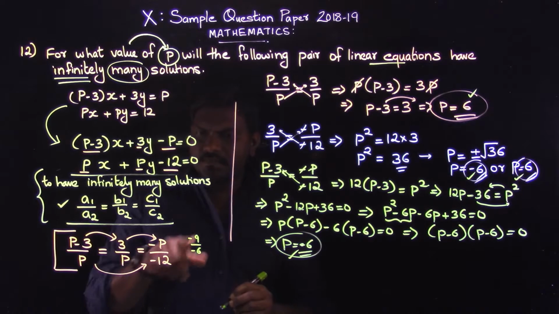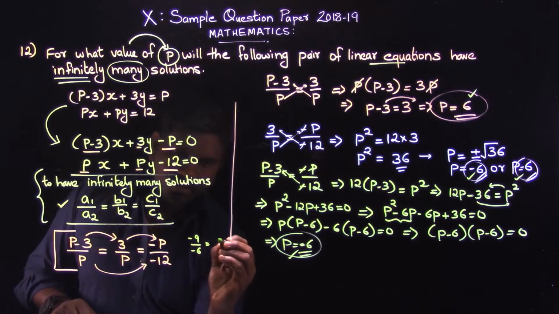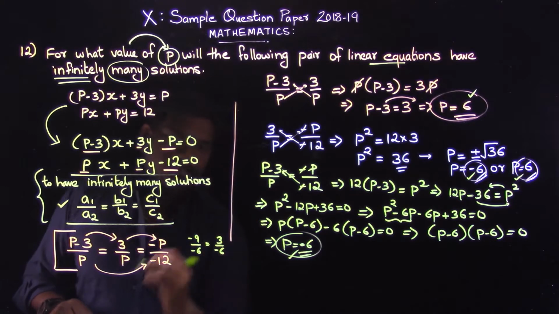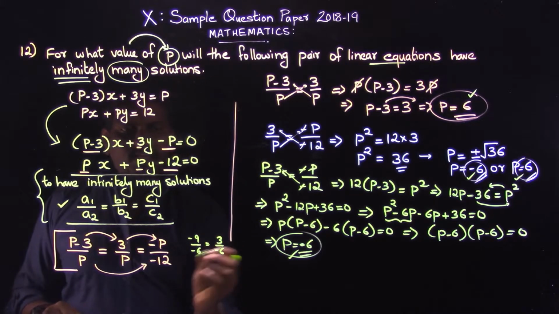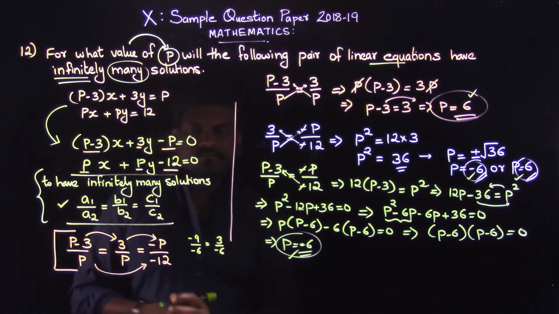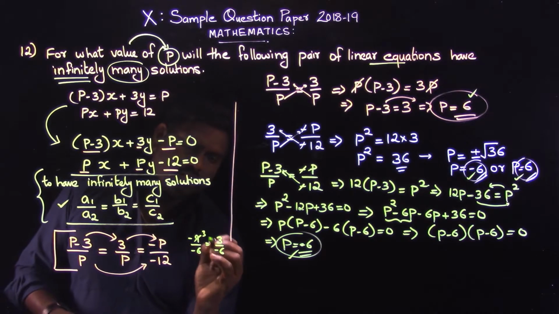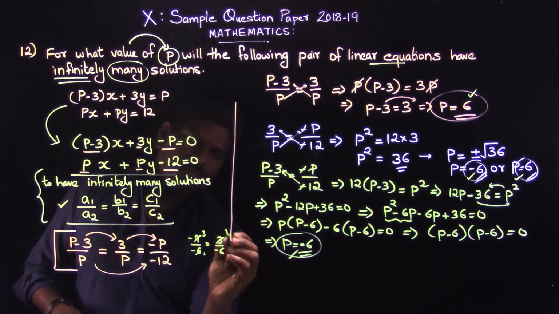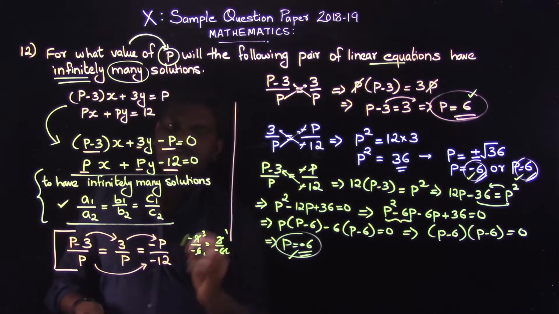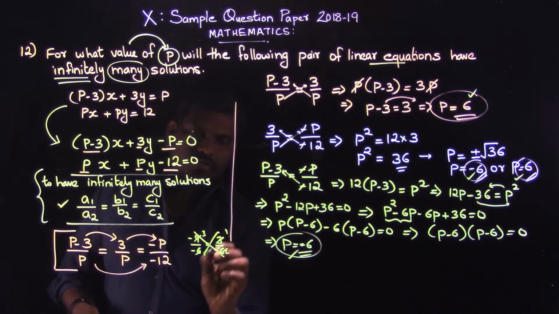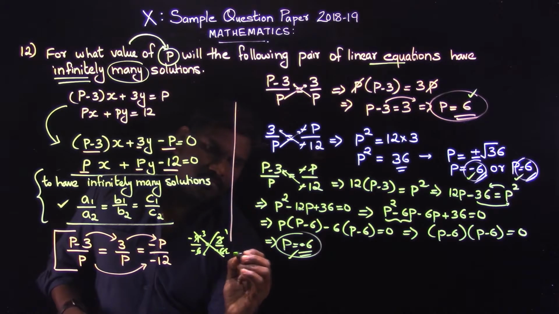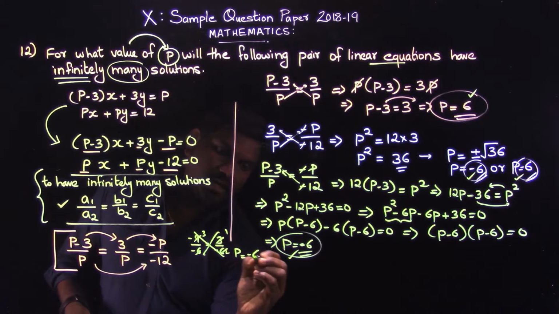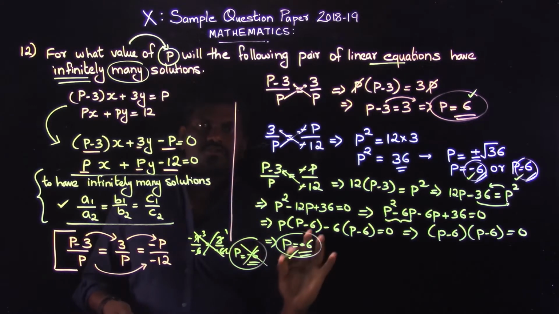Minus 3 by minus 6 is equal to 3 by minus 6. From the sign itself we can see that it's not the same. If I cancel also 3 and 2 times, 1 time and 2 times, that is never going to be the same. So p equal to minus 6 is actually not a solution. Okay, it's not a solution.